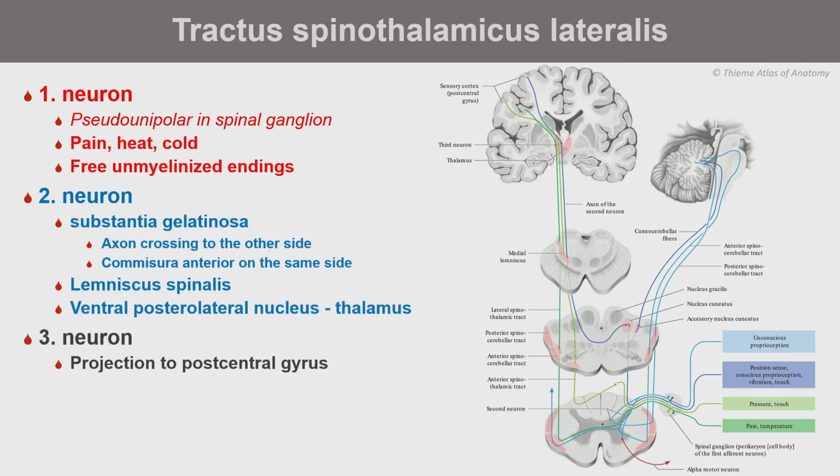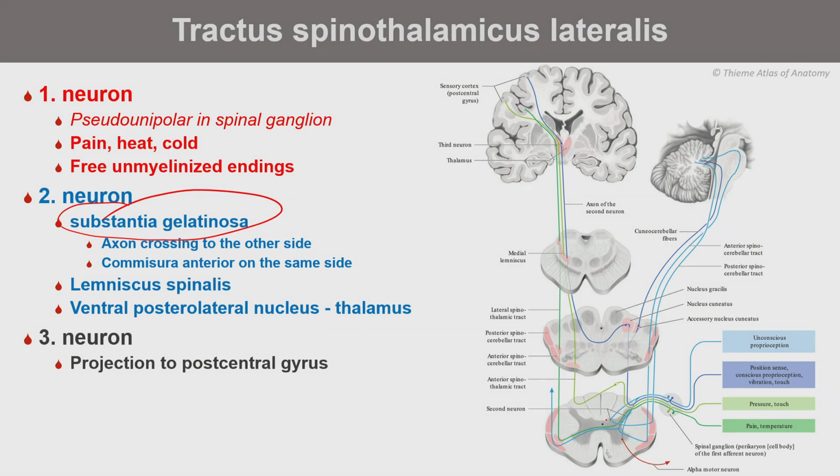The lateral spinothalamic tract is important for sensations of pain. So substantia gelatinosa is relaying. This is relaying pain, heat and cold.